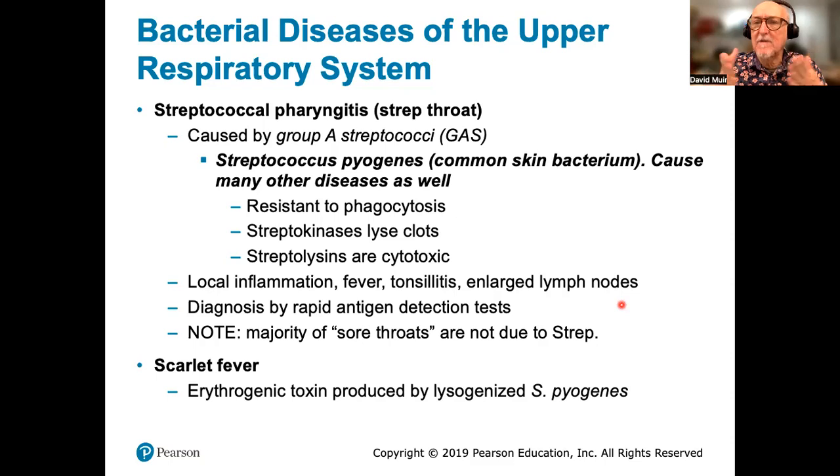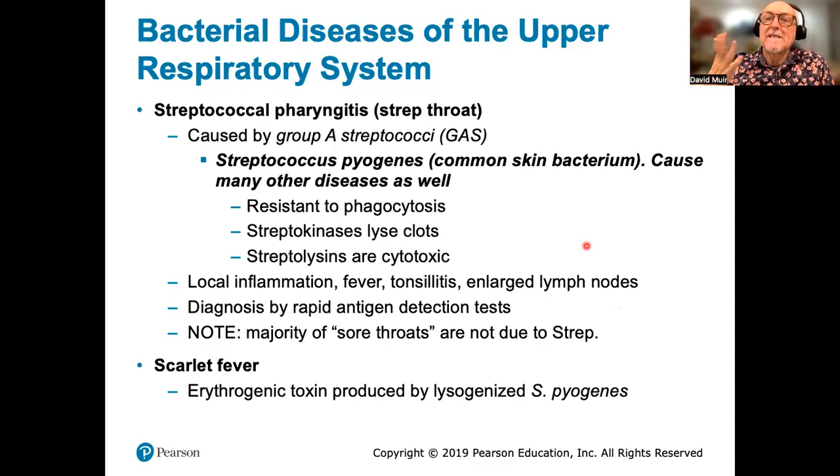But just to emphasize, remember that if you've got a sore throat, you actually have to be tested to ensure that it really is strep throat. So, there are numerous members of this genus Streptococcus. And the commonest Streptococcus that causes illness is Streptococcus pyogenes, which is actually a normal common skin bacteria.